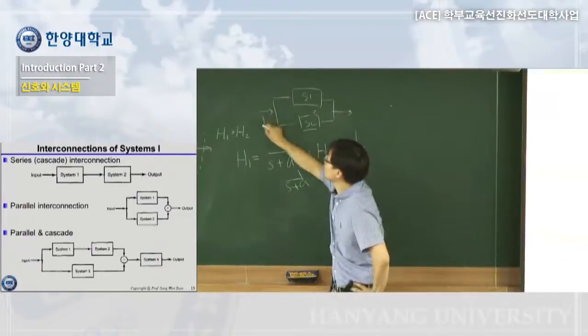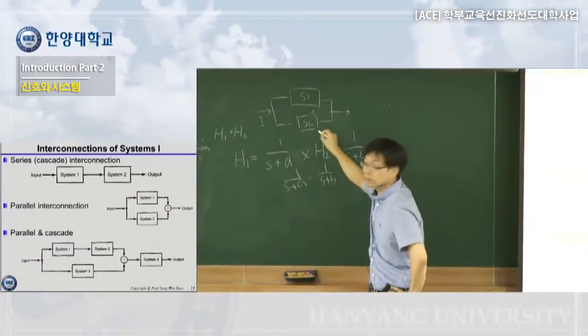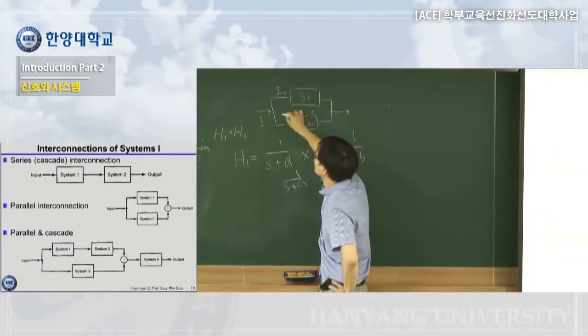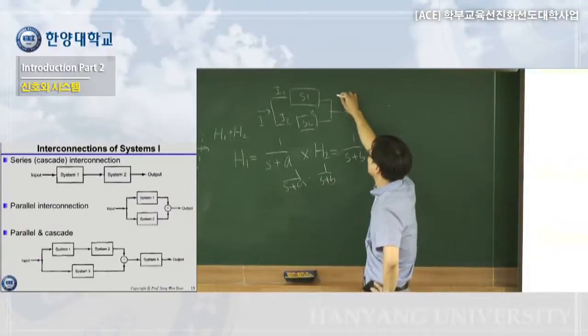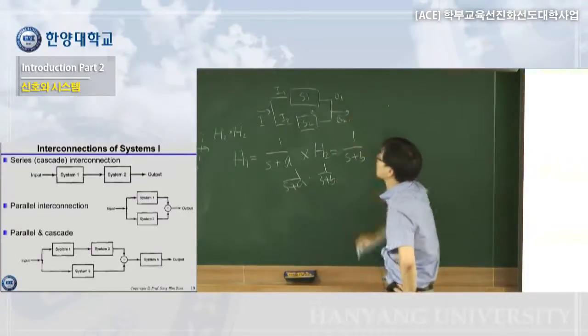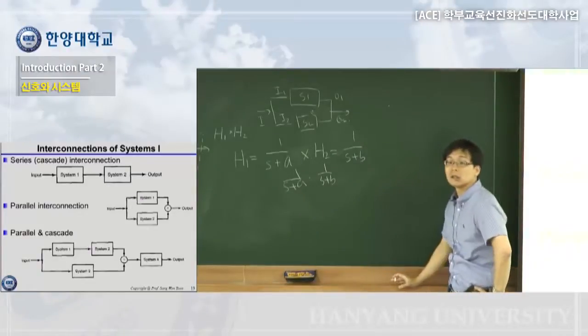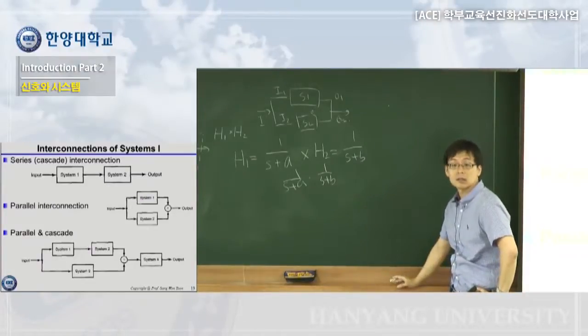If they are a parallel system, the input to the system is divided into two. Say input 1, input 2, right? And output 1 and output 2 will come out. Too fast? No?